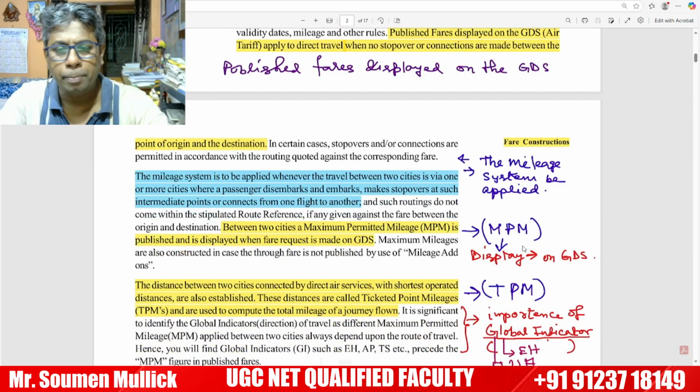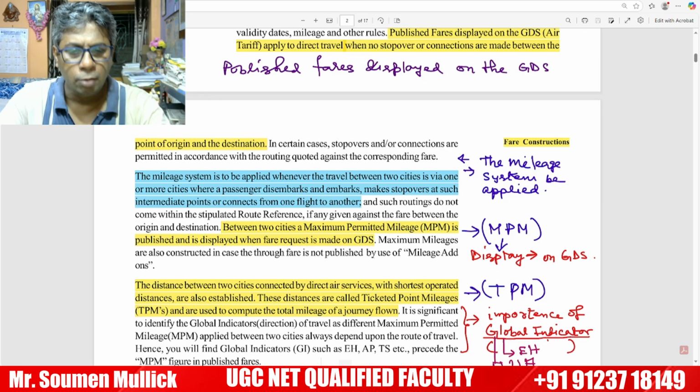Mileage system MPM: between two cities the maximum permitted mileage is published and displayed when a fare request is made on GDS.